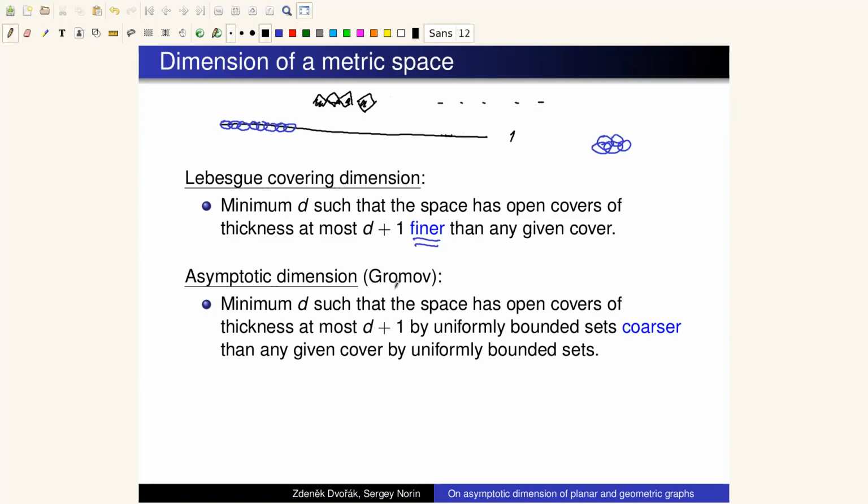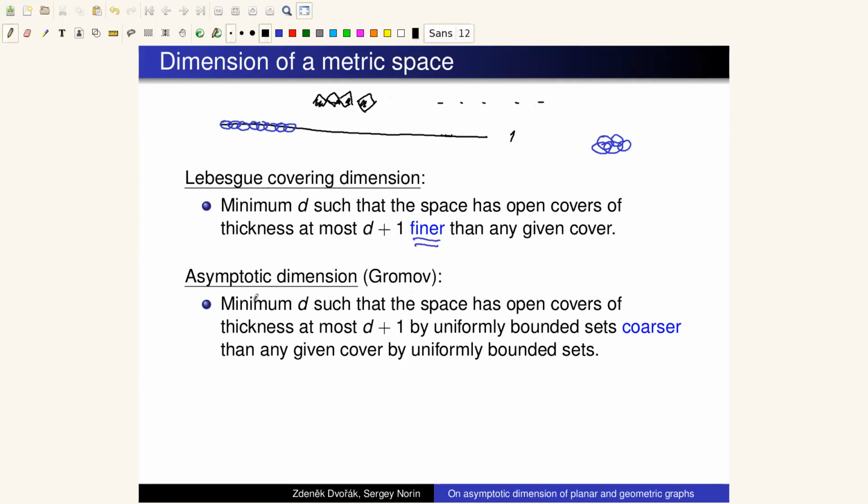ideas like these, Gromov defined the asymptotic dimension, which is kind of a dual to this Lebesgue dimension, which instead of looking at arbitrarily fine covers looks at coarse covers.